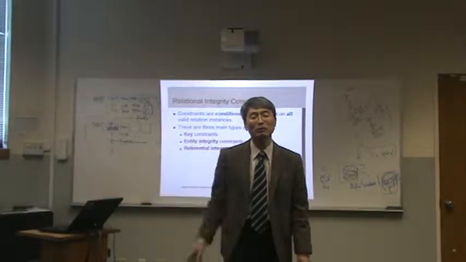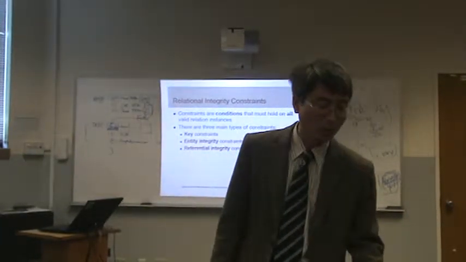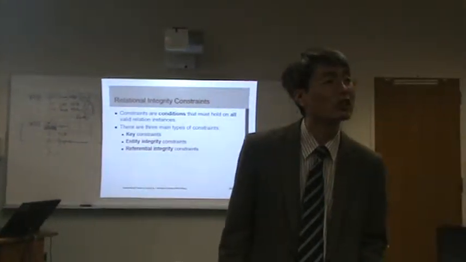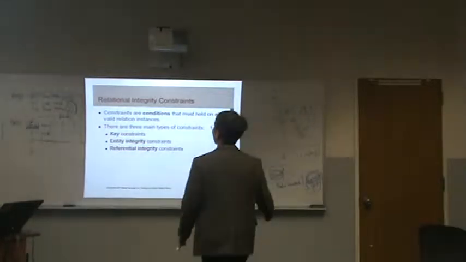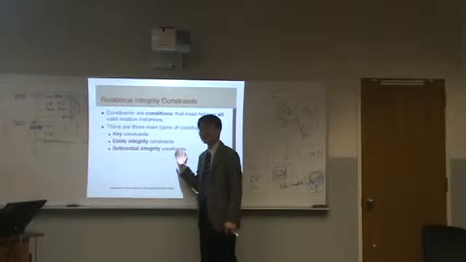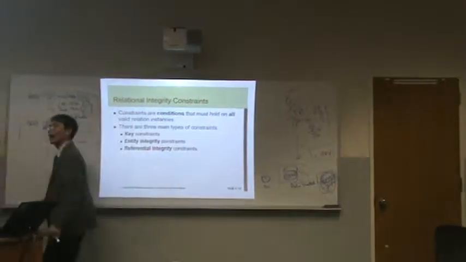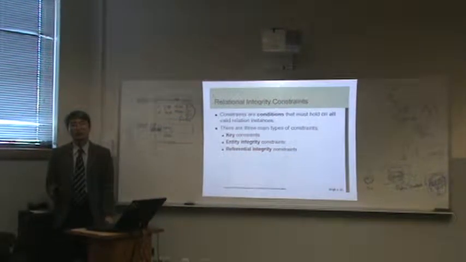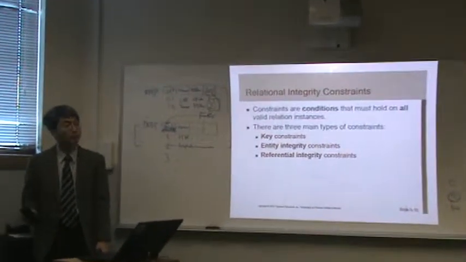Okay, so that is the reason. However, it's tough to manage such constraints, especially referential integrity. It's very tough, not easy. For example, say I'd like to create the employee and department tables and insert data.